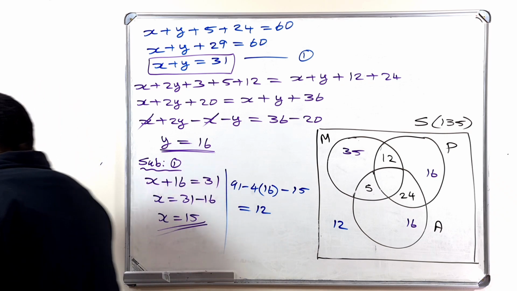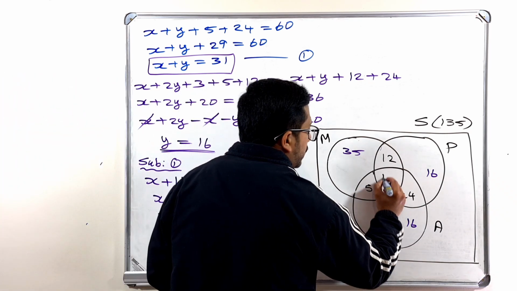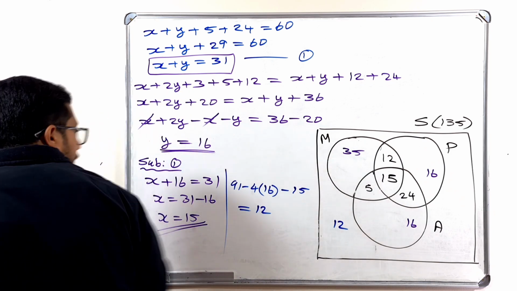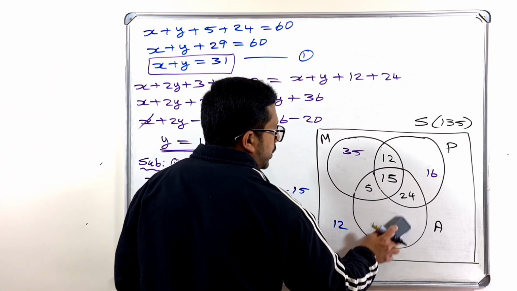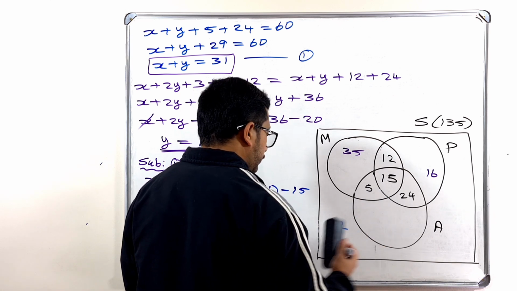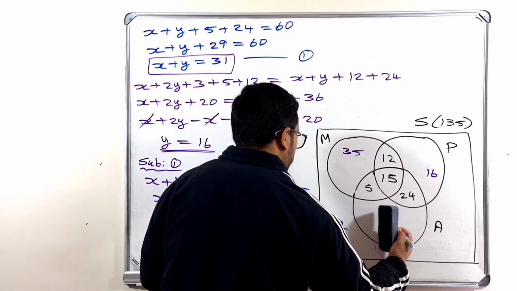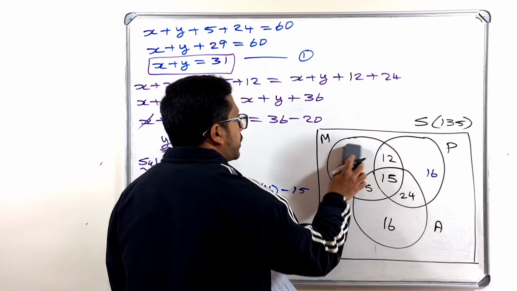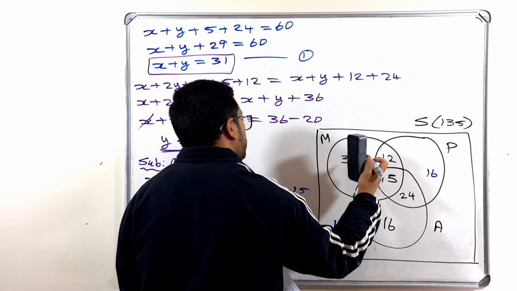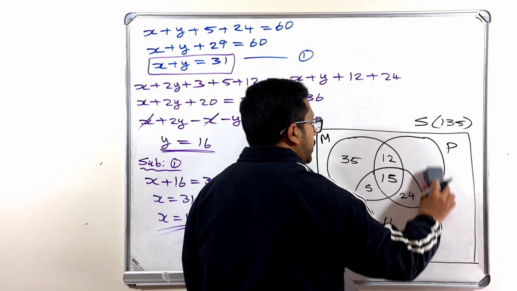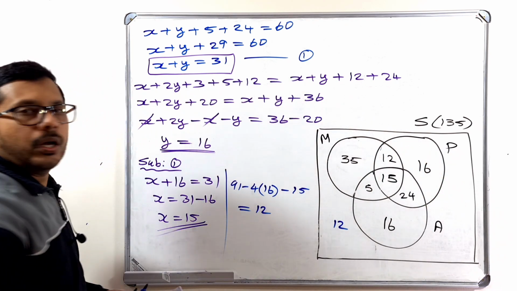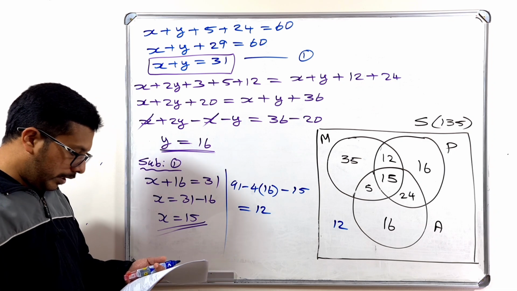That one is 15, this is 15, this is 16, this is 16, and this one is 35, and this one is 16. Okay, now let's go to question number 10.3.